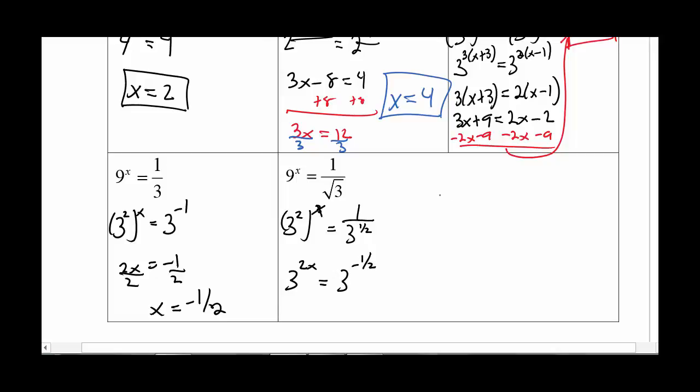So now I got the bases to match, and I'll just worry about the exponents then. In this case, dividing by 2, I'm going to multiply by a half, which is the same as dividing by 2. Now on the left, notice the 1/2 and the 2 divide out, and I'm left just with x. On the right side, I have negative a half times a half, so I get negative a fourth.